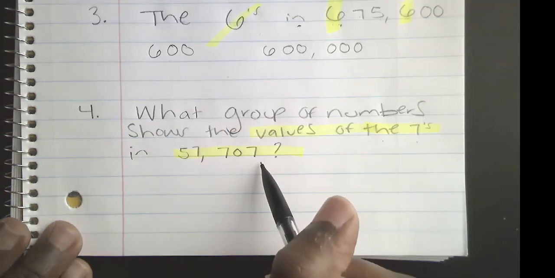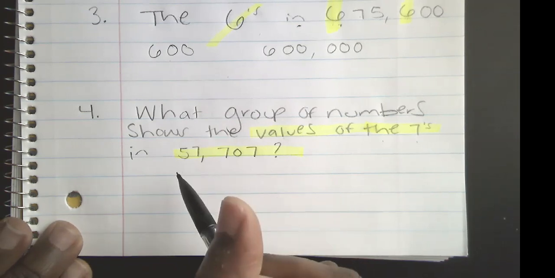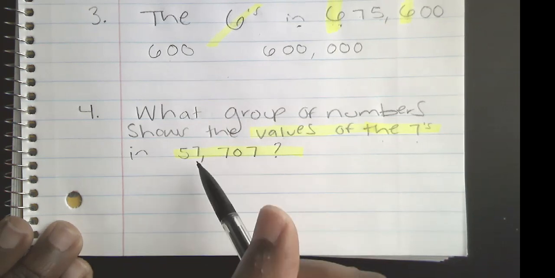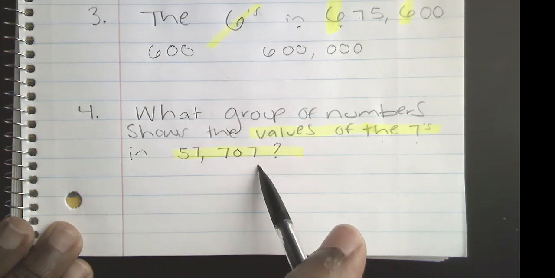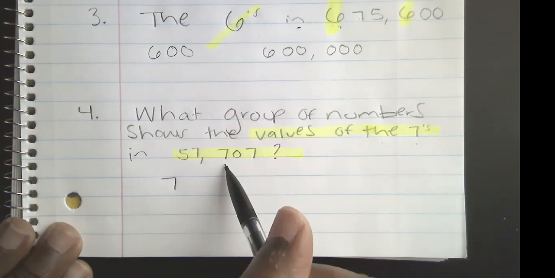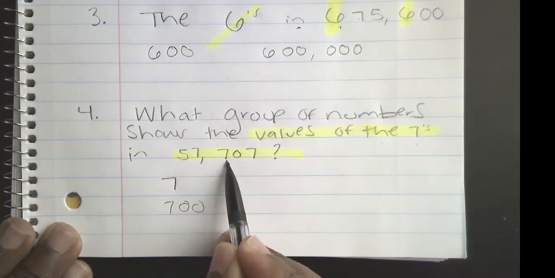So you know that when you're reading for place value in a number or a chart, you start from right and work your way towards the left, okay? You go from the 1s to the 10s to the hundreds to the thousands to the 10,000s. So what would the value of the 7 be? It would be 7. What would the value of this 7 right here be? 700, because 1s, 10s, hundreds, okay?